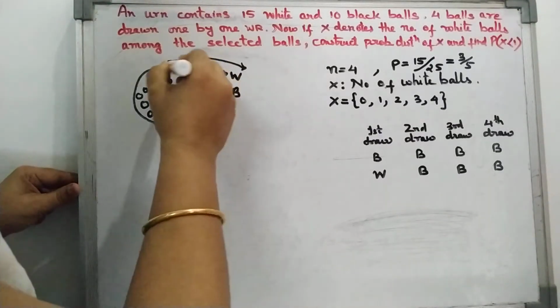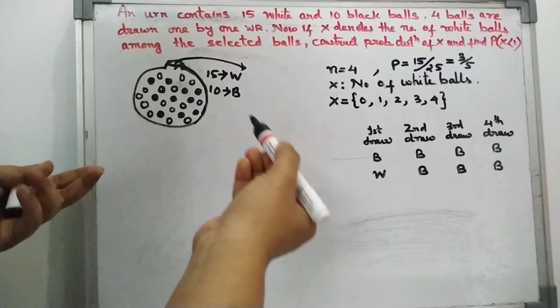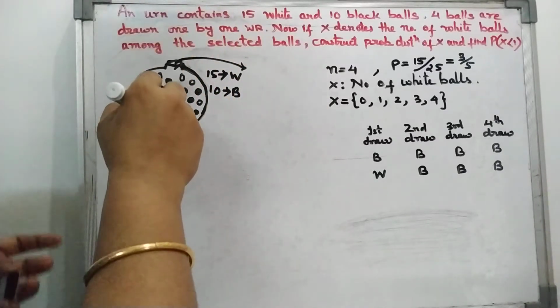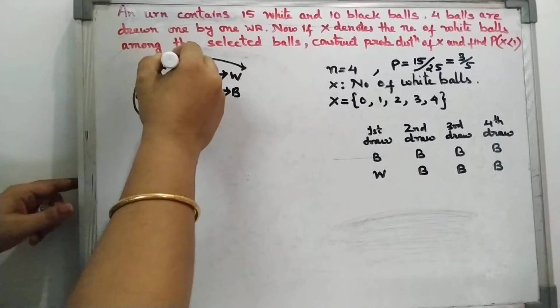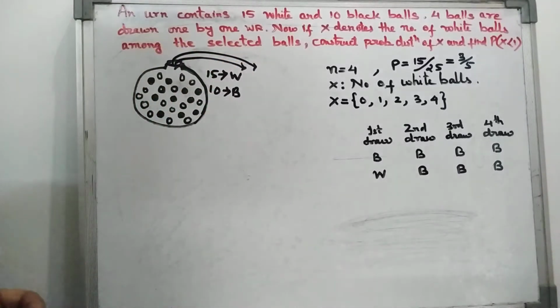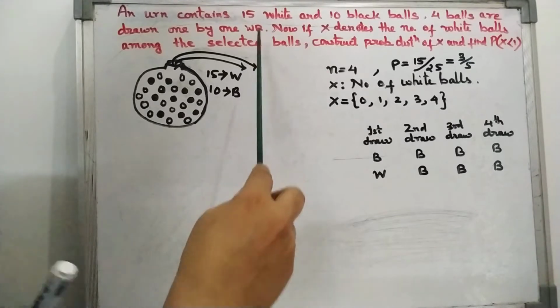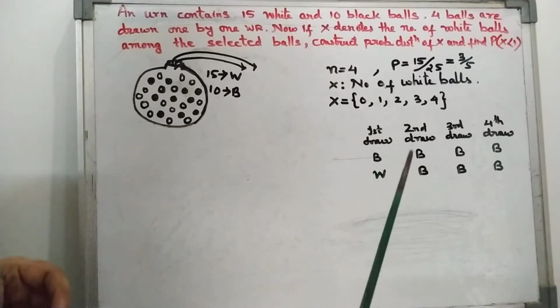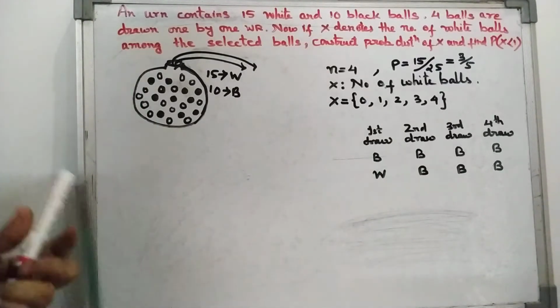Then we check the color, and then again we replace it in the urn, and then the next draw is made. So here the draws are independent because we are doing it with replacement. That means all the draws or trials are independent.